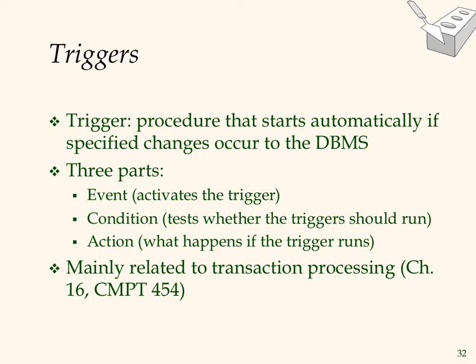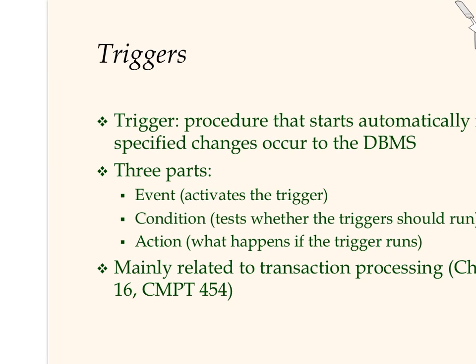So what is a trigger? Well, it's a general procedure that starts whenever specified changes occur. So you can think of it roughly as running a program when something happens. Okay? And there are three parts to this. One is the triggering event, the condition that the trigger is looking for. The other is the condition, which tests whether the trigger should be run.